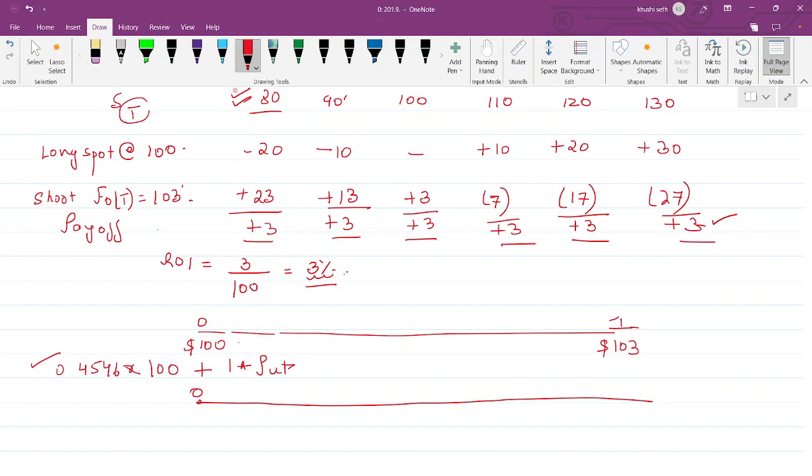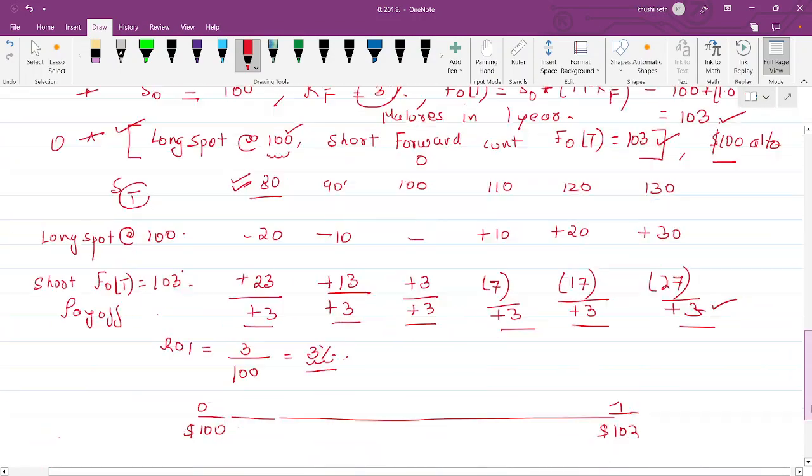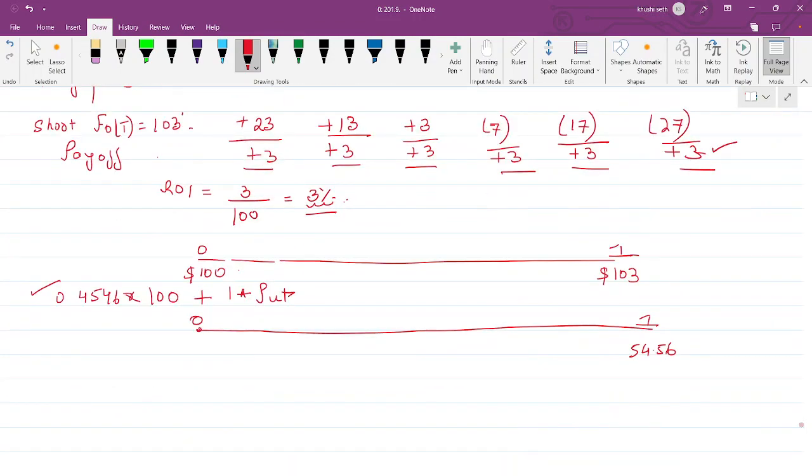Now I know that the value of this portfolio at the end of year one is 54.56, right? Because I bought a quantity of shares that ensures that the value of my portfolio is the same irrespective of whether the underlying goes up or down. I've bought 0.4546 shares of the underlying that ensures that.